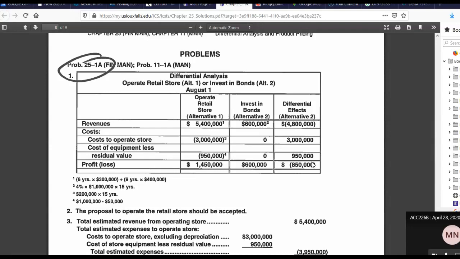Of course, Cengage has it listed a certain way, and that's fine. But if you can say it this way, alternative 1 is $850,000 more advantageous than alternative 2. Any questions on 1A?